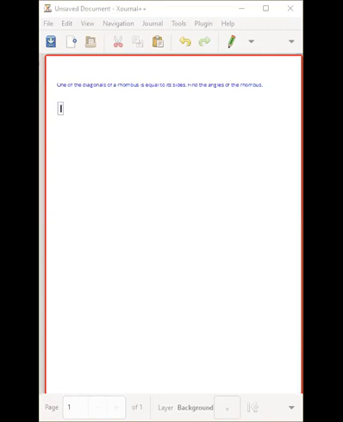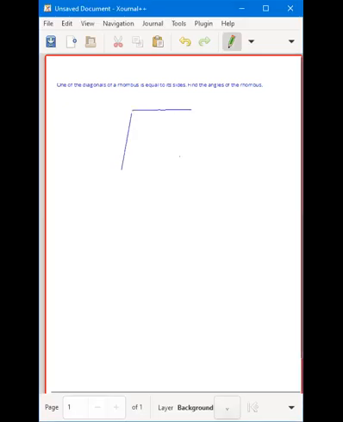Okay, Sia, unmute yourself. Yes, sir. Let's make a rhombus. First thing, what are the properties of the rhombus that you know? The first property?